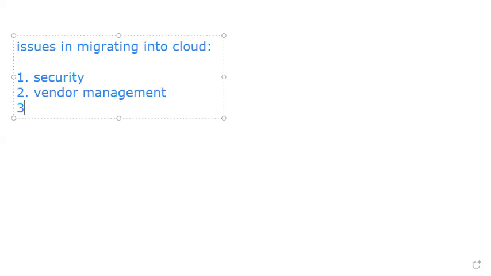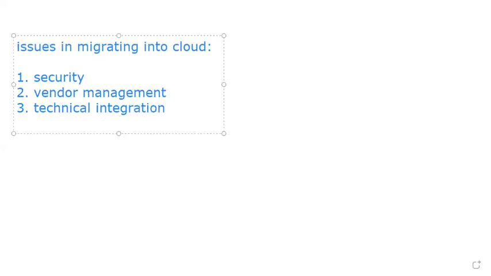Because there are so many vendors in the cloud providing different services, how to maintain these vendors is also important. The next one, technical integration. Because in the cloud, there are so many technologies with the latest versions. Now, are these latest versions adaptable by the different applications or not? That is also one of the issues.